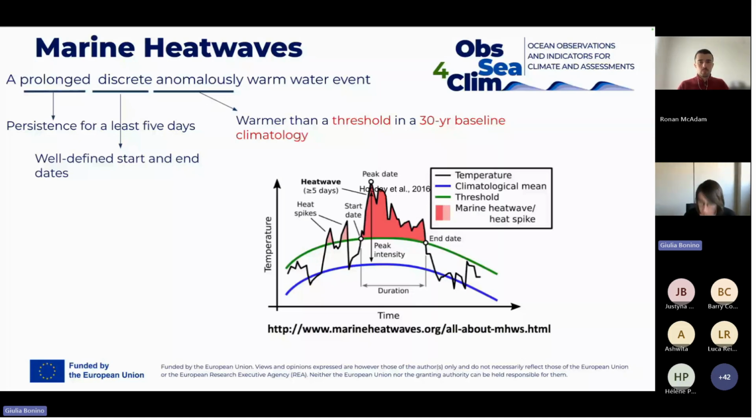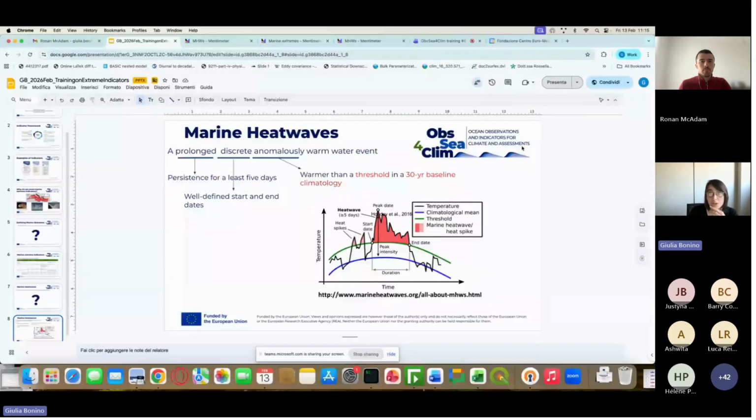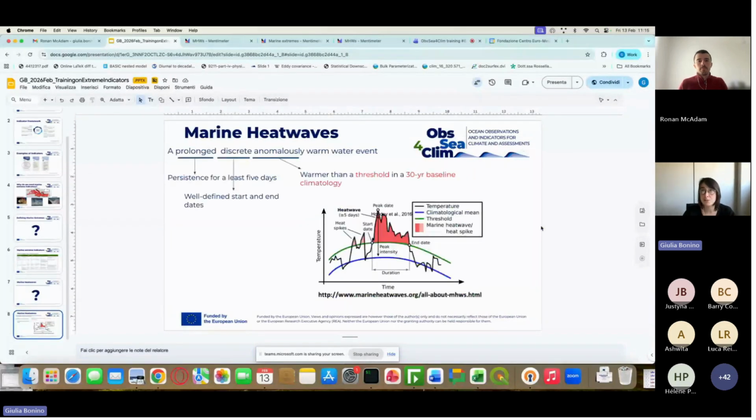This definition was born in 2016 by Hobday et al. So it's quite new, let's say it is just 10 years old. So I will give the floor to the other speakers, and I hope that you enjoy the presentation.